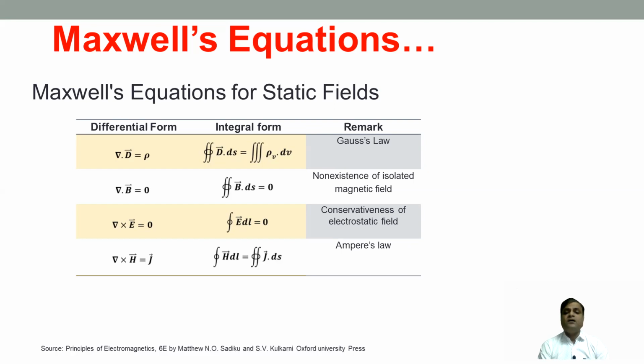Similarly, the electrostatic field in any medium is conservative in nature, so del cross E is equal to 0. And the last Maxwell equation is derived from Ampere's law. It is represented as del cross H is equal to J. These Maxwell equations can also be represented in integral form. Here del dot D is the divergence, and del cross is the curl of the field.